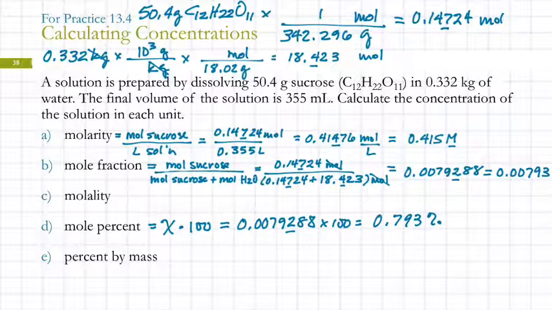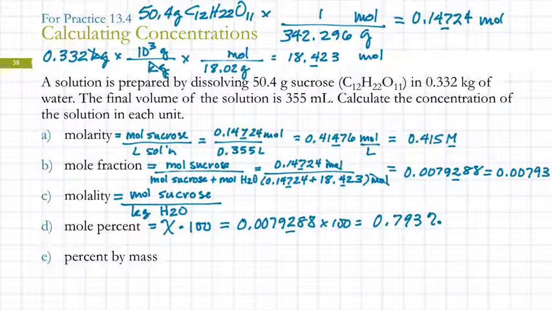Okay, how about molality? Molality is what? Moles of sucrose divided by kilograms of water. It's always the solvent, yeah. It's moles of the solute divided by kilograms of the solvent.